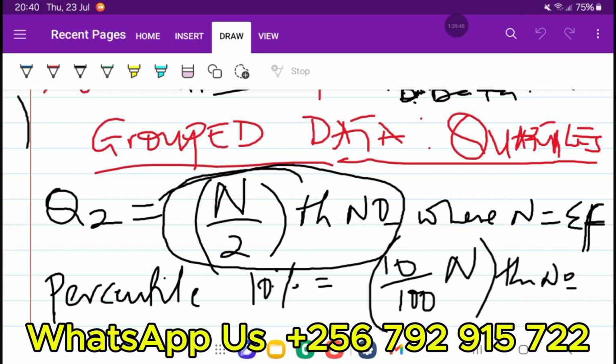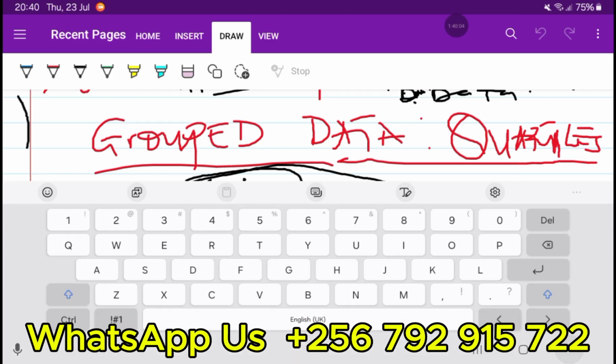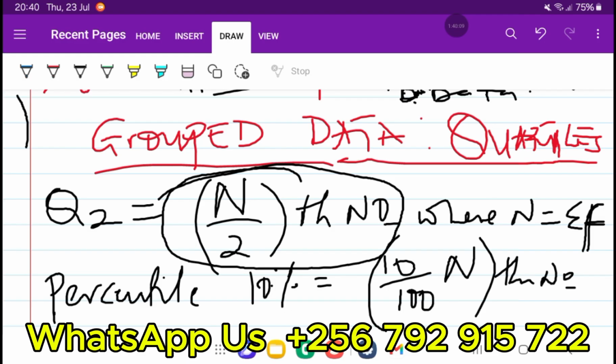This item is there, n over 2. We first get that one. The reason why we get that one first is because it is the one that is going to tell us the median class. I'm starting from Q2, not Q1, because I want us to start from the known, then we move to the unknown.